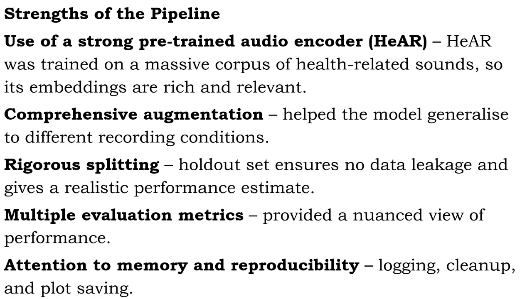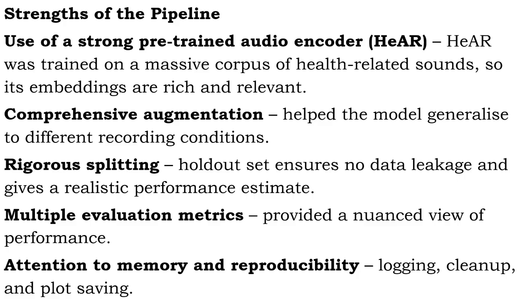Now, I want to quickly talk about the strengths of the pipeline. We used a strong pre-trained audio encoder, that's the HeAR. The Google HeAR is part of the Google Health AI models, all right? It was trained on a massive corpus of health-related sound, so its embeddings are rich and relevant.